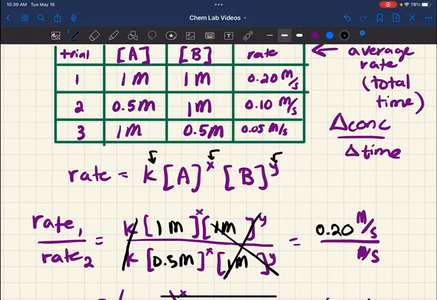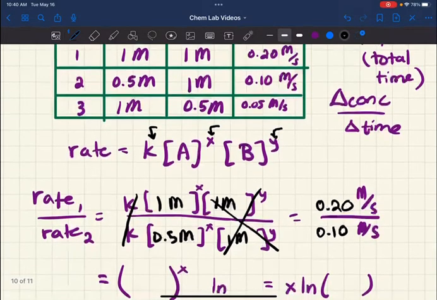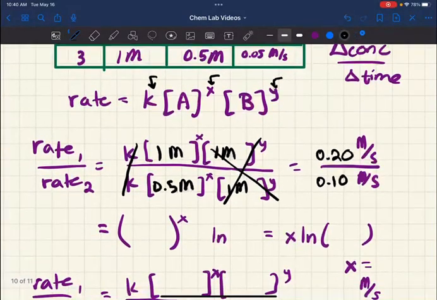So 0.20 molar per second over 0.10 molar per second. All right, so this is a bit more simplified, but we'll simplify it a little bit further. 0.2 divided by 0.1 is just 2, and 1 divided by 0.5 is also 2. So 2 equals 2 raised to the x power.